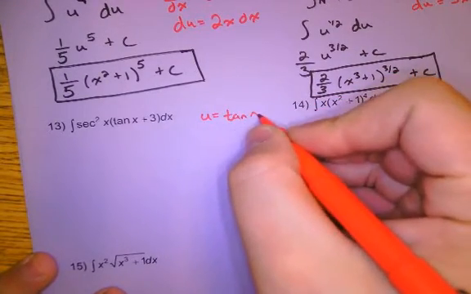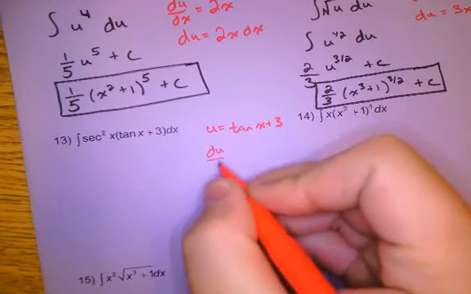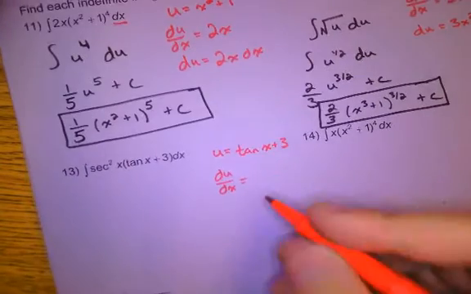Let's see if this one works out. So du dx equals... Anybody remember the derivative of tangent of x? Neelish, you got it? So close. Oh, secant squared.